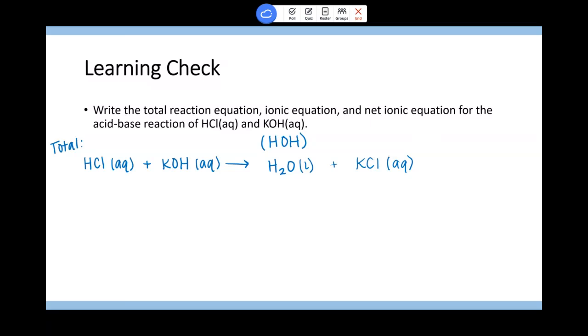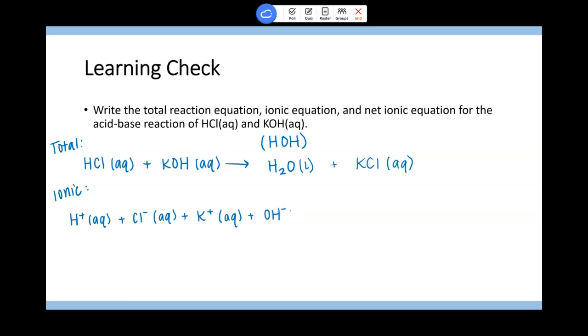in solution. The ionic equation, now we're separating everything into its ions. So we have H+ cation, Cl- anion, potassium cation, hydroxide anion.